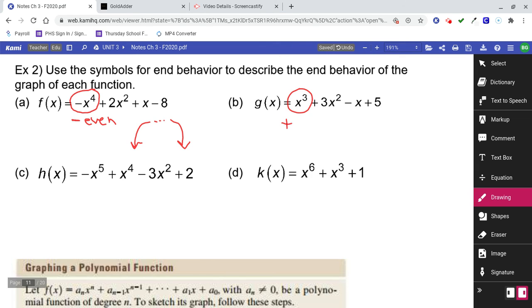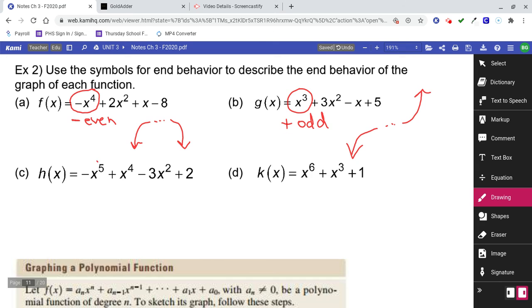Here the dominating term is a positive odd. Since it's positive, I think of it like slope. If slope is positive, it goes uphill like this. So my disco has to go uphill like that. Down and up. That's a positive odd.